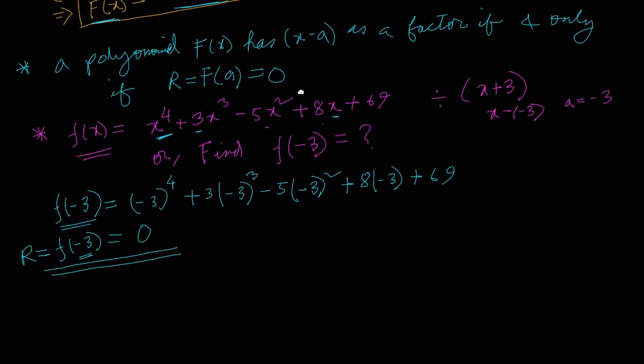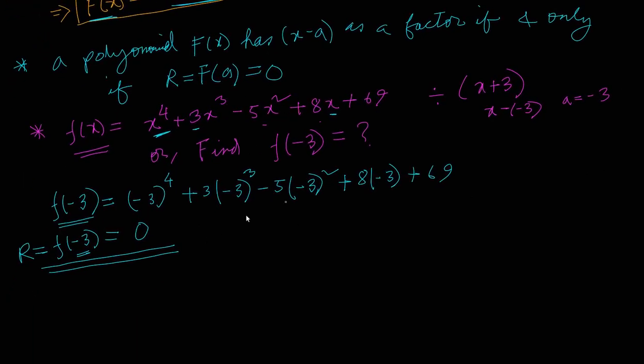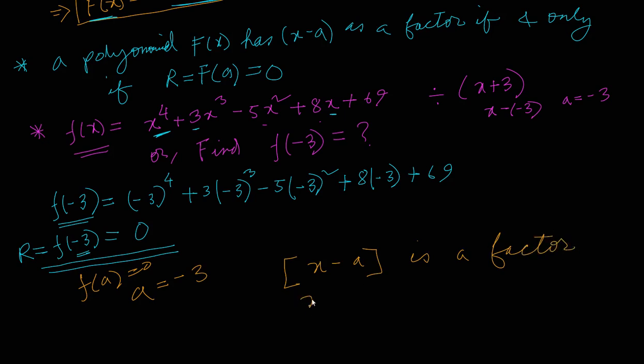In this case my a is -3, so x minus a is x minus (-3), which is x plus 3. So x plus 3 is a factor of this polynomial.